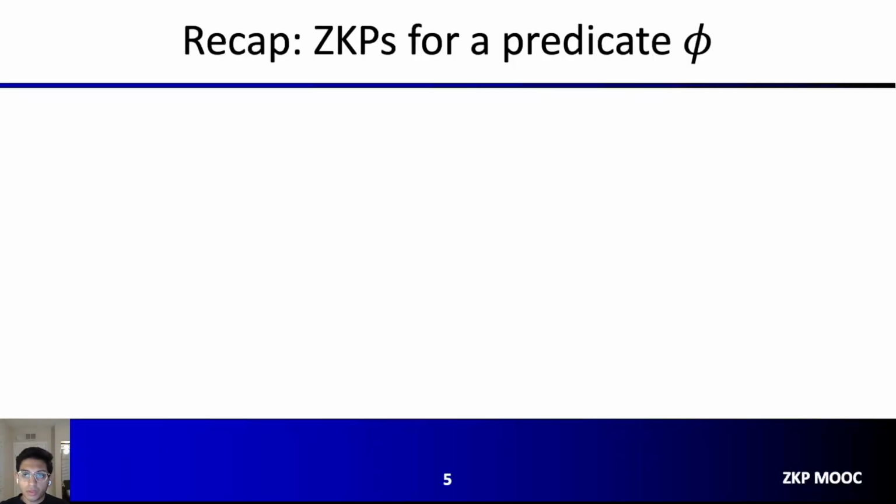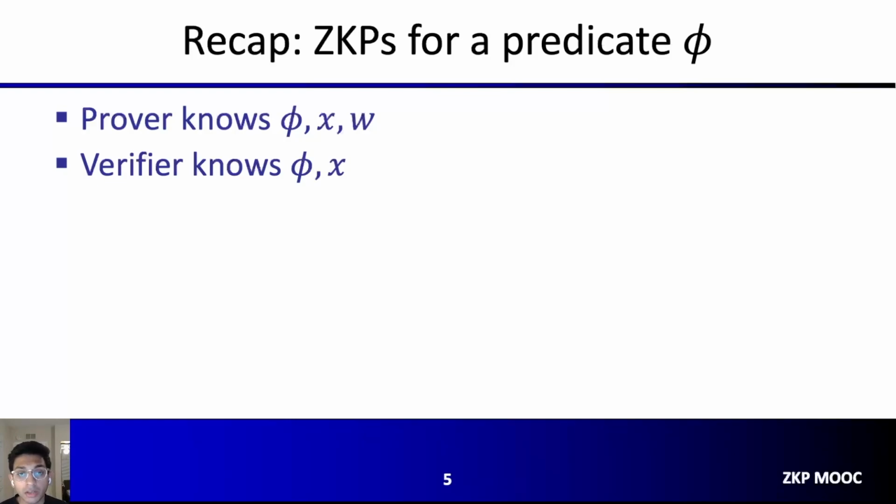Okay, so before we start, maybe let's quickly recall what a zero-knowledge proof system does. A zero-knowledge proof system is a way for a prover to convince a verifier that some statement or predicate is true without revealing information about why it's true. In more detail, a prover knows some predicate or claim phi, a public input x, and a private input w, such that phi on x comma w is satisfied.